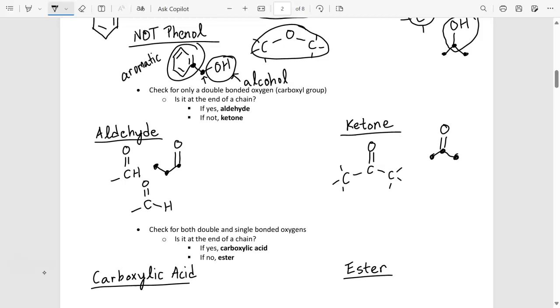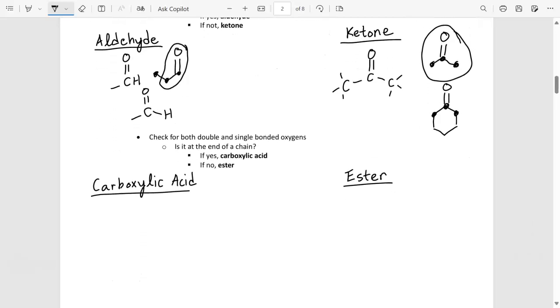Again, notice how the carbonyl group has a carbon on either side of that double bonded carbon oxygen. Whereas here, we've only got one carbon attached. Okay. We think of the ketones as being buried. You can even have a ring. Right, and that's still considered a ketone because the carbonyl group has a carbon on either side of it.